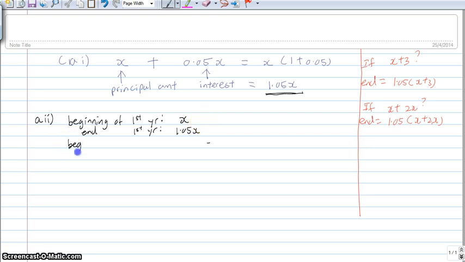Now the beginning of the second year, what will that be? Don't forget that at the beginning of every year, he invests another x dollars. So here I will have the end of the first year, which is 1.05x, plus another x dollars that he added in. So let me write down the notes. This is the additional x dollars added.